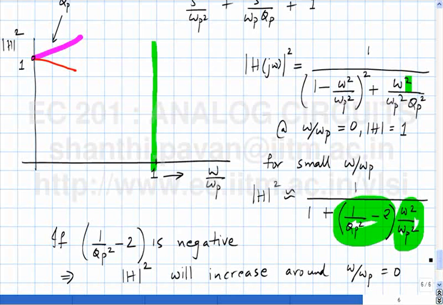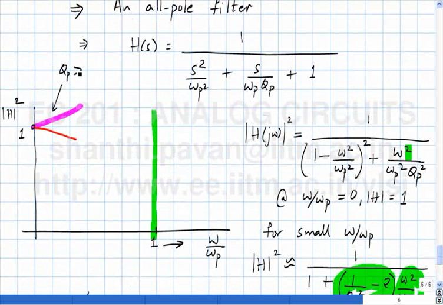If 1 by qp square minus 2 is negative, what can you say about qp itself? qp is greater than 1 by root 2. At qp equal to 1 over root 2, what happens? It remains flat. Does that make sense? Alright.